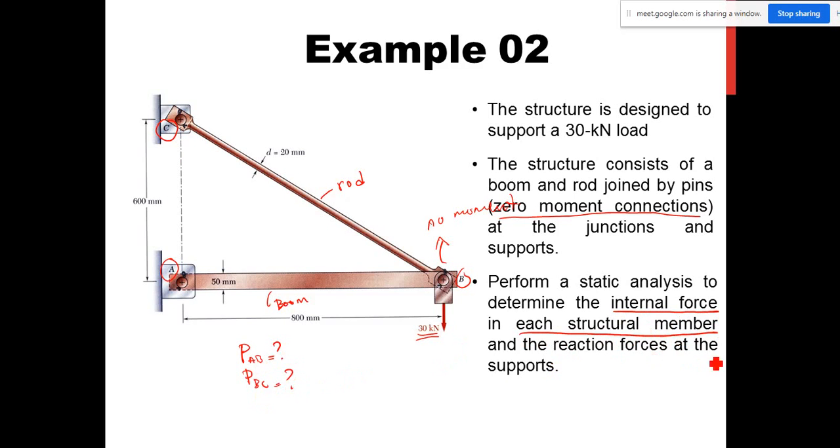And the reaction force at the support. We also have the support at point C and also point A. So you also have to calculate the reaction force at A and C. This is the pin support, and here also the pin support.